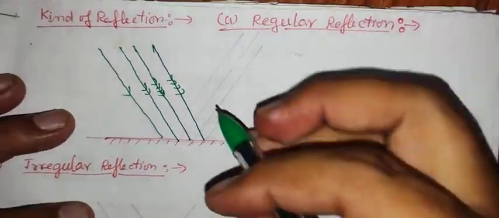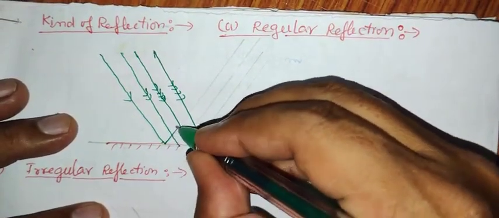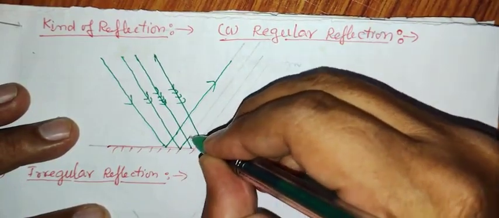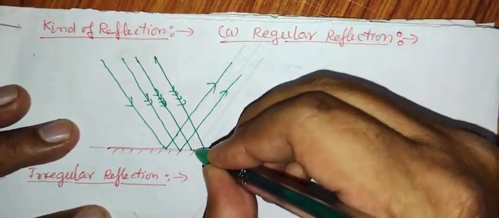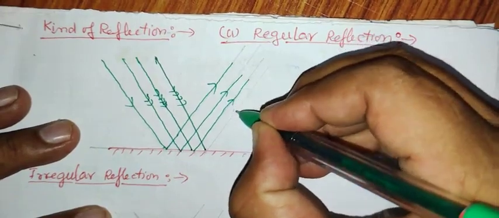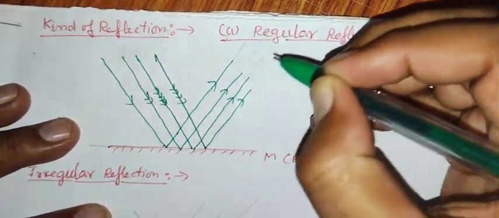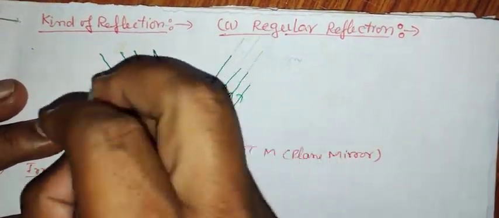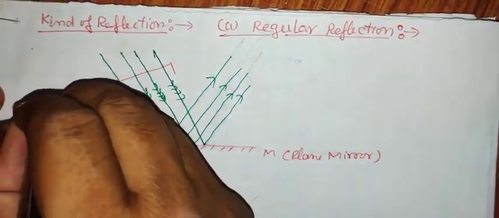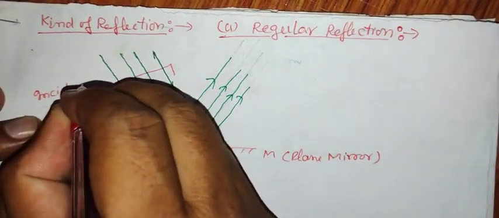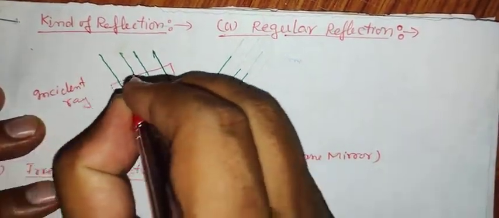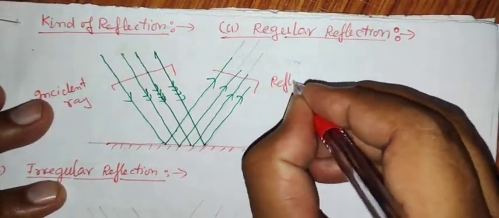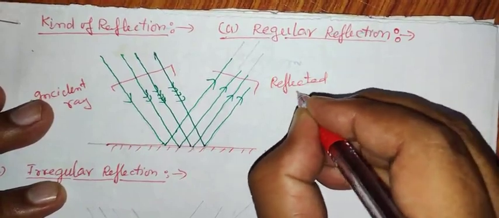After reflection, if all parallel rays are reflected in the same medium, parallel in the same way, then see carefully, it is a set of incident rays and a set of reflected rays.